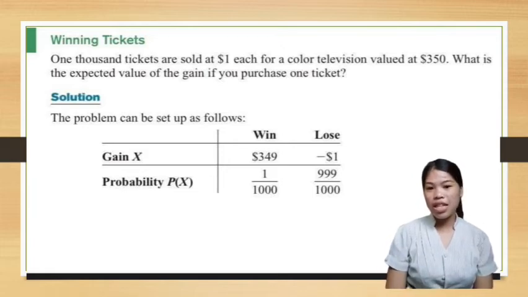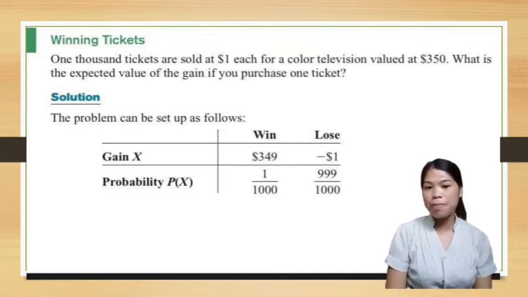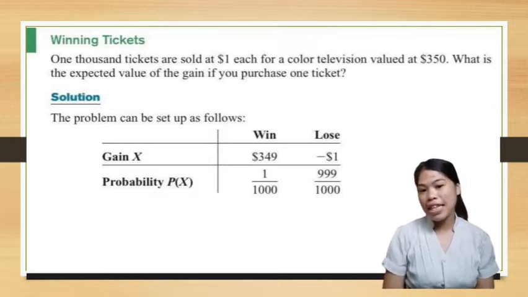Ang gain, which is x, so na ay win or lose. So ang win, kung mudaog ka, maka-gain ka og $349. So nganong $349 man instead of $350? So of course, nipalit man ka og isa ka ticket.